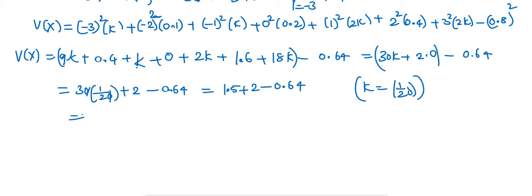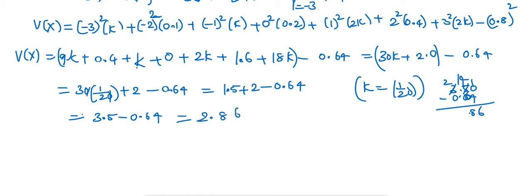It is 1.5 plus 2 is 3.5 minus 0.64, so 3.50 minus 0.64 is 2.86.